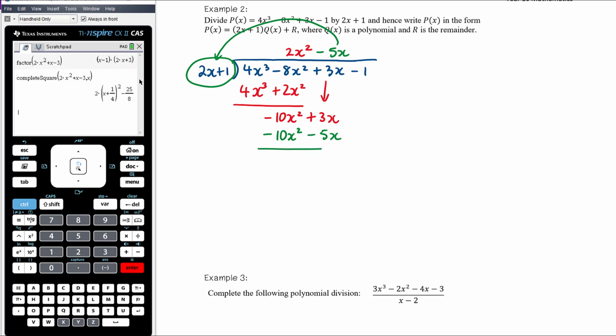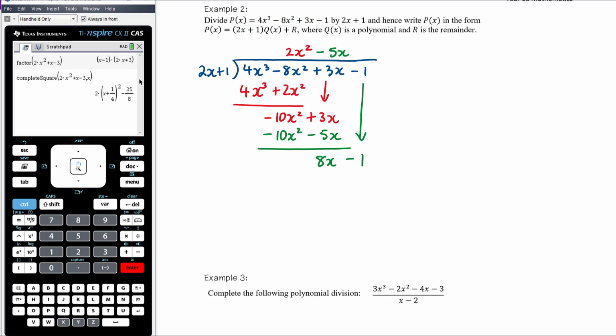And then we're going to subtract, 10x squareds cancel out, plus 3x minus minus 5x is plus 5x, so it's 3x plus 5x, which is 8x. Bring down our next term, minus 1, and repeat the process again.